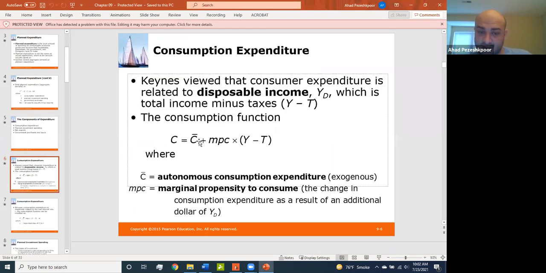This autonomous consumption is just a normal level of consumption that doesn't change with respect to macroeconomic variables. These are the basic necessities, the things that people take for granted. They need to have those.